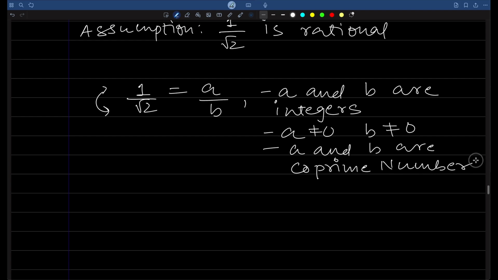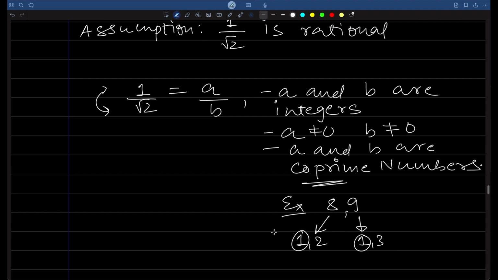I have made a detailed video on co-prime numbers, that is the numbers which have the common factor only 1. For example, 8 and 9 are co-prime numbers. 8 has the factors 1 and 2, 9 has factors 1 and 3. The common factor is 1.